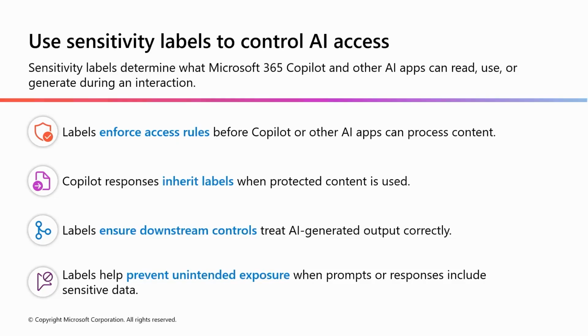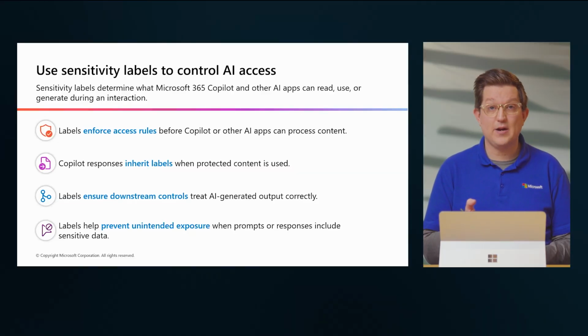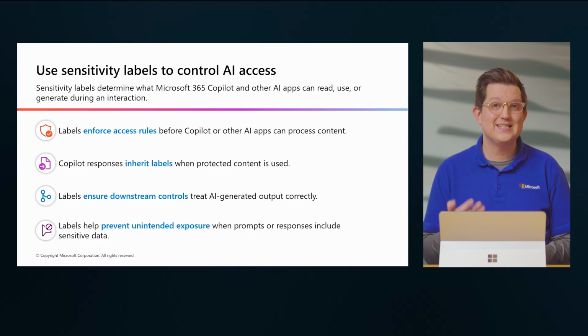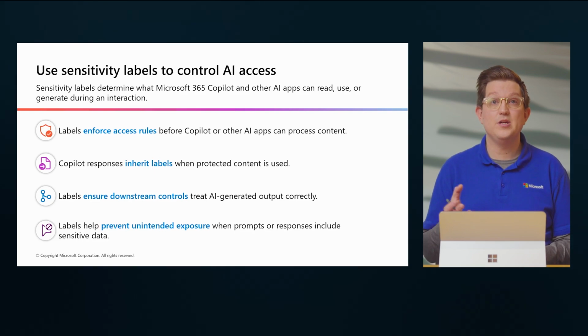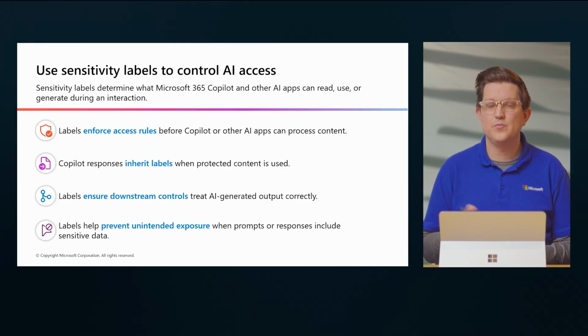These are still one of the strongest controls you have in regards to what AI tools can read and generate. As always, AI tooling, such as Microsoft 365 Copilot, can only ever ingest what the user can see. So, by labeling something as a sensitivity label that a user should never see, we simply restrict it from the AI tool.